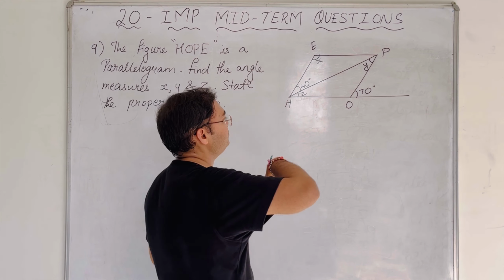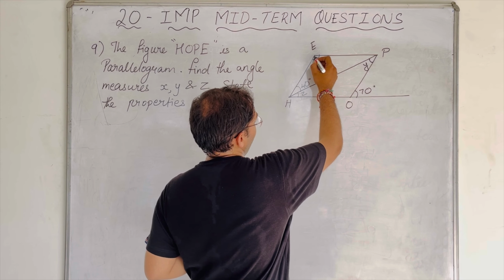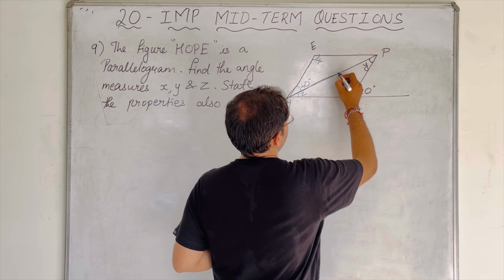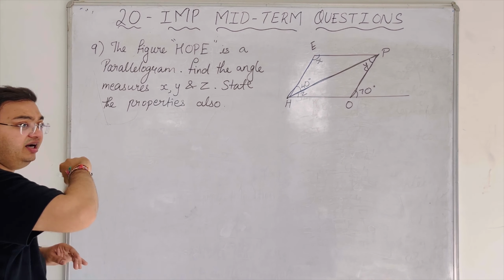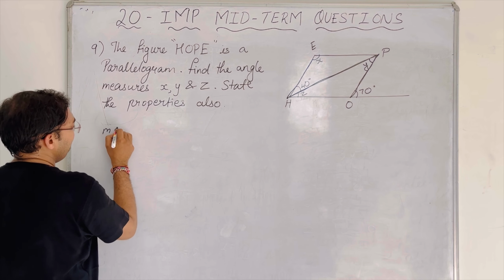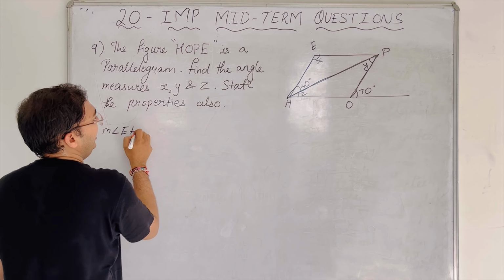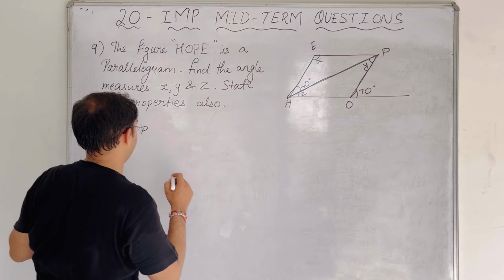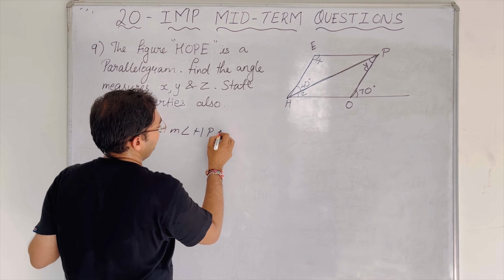First of all, can I find y easily? Because a Z is formed. You see over here, this way, a Z is formed, and whenever the Z is formed, we say that the alternate angles property we are using. That means I can say that measurement of angle EHP is equal to measurement of angle HPO.